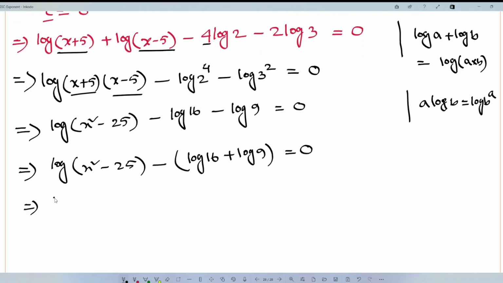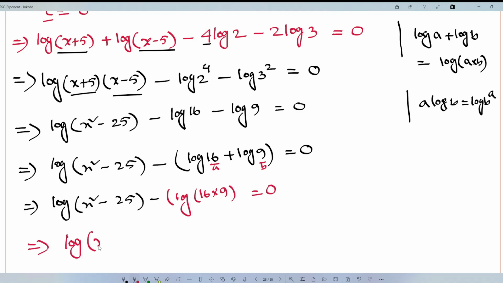Now, if this one is a and this one is b, it will become log a times b, it means 16 times 9. Log x square minus 25 minus log, we can use a calculator, 16 times 9 is 144, right? So 144 equals 0.